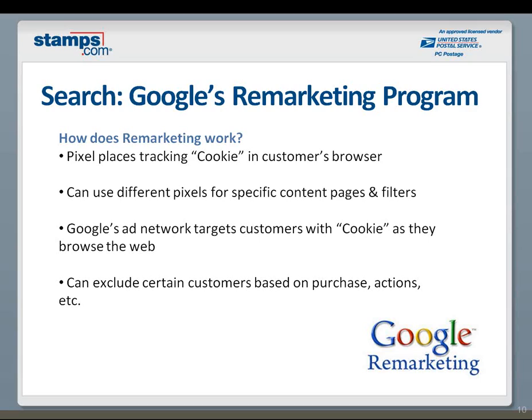The really cool function here is that you can produce multiple cookies. So for our golf store example, we could create one cookie in Google's system for our golf club page, a second cookie for our golf shoes page, and a third cookie for our golf clothing page, and so on.